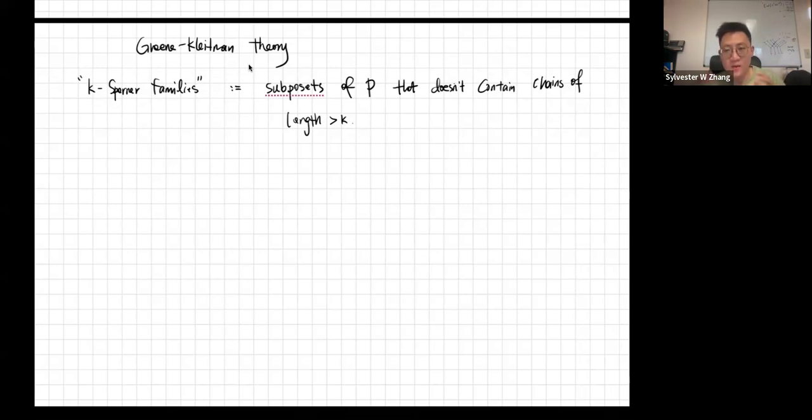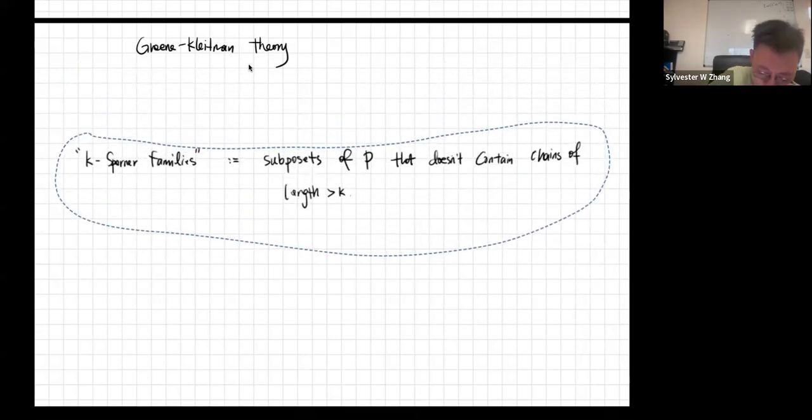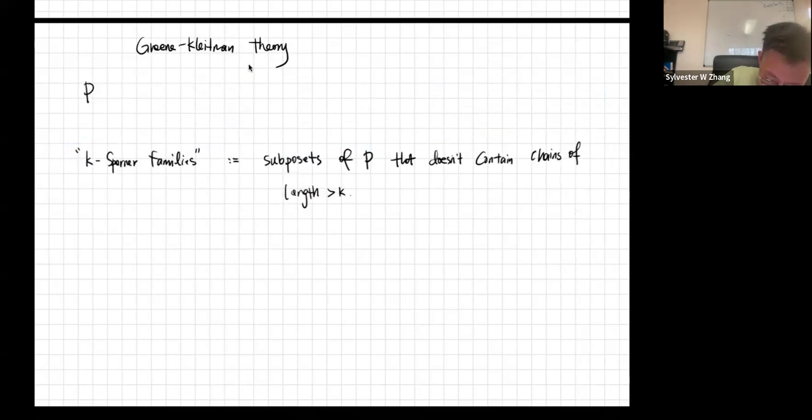If you take K antichains, I should probably define what are chains and antichains. And maybe I should also define what a poset is. So sorry about that. A poset is a partially ordered set.